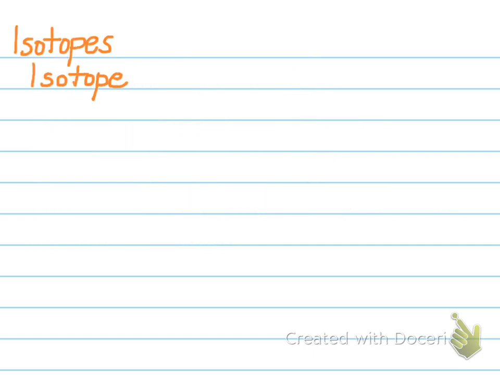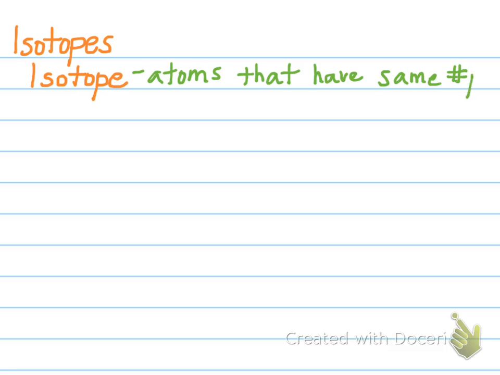So, we're going to begin by talking about isotopes, and specifically, what is an isotope? So, the definition of an isotope is atoms that have the same number of protons.